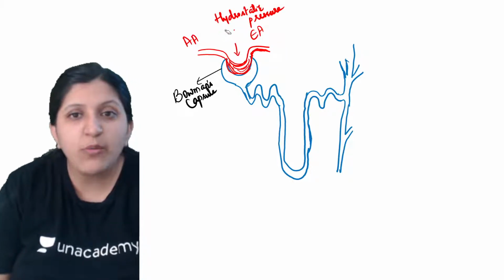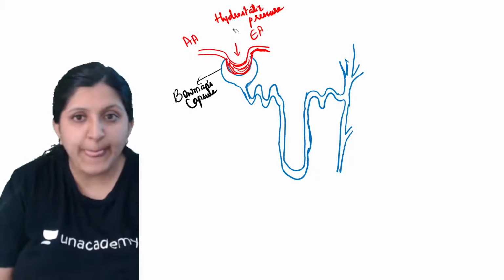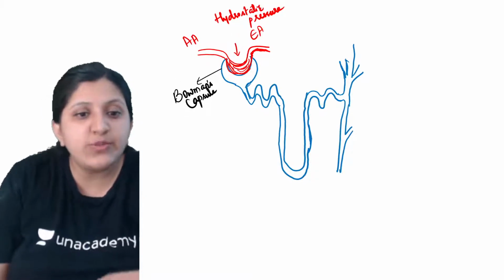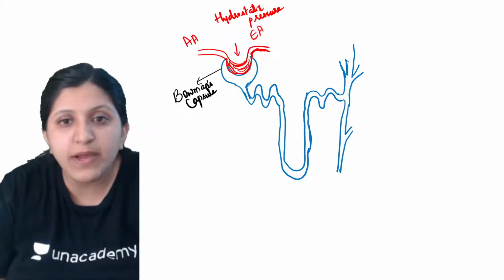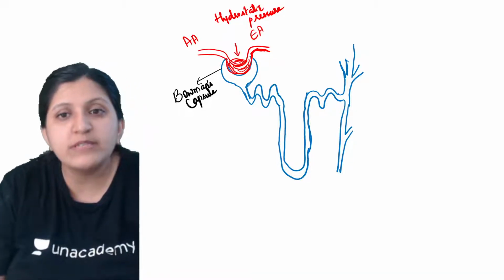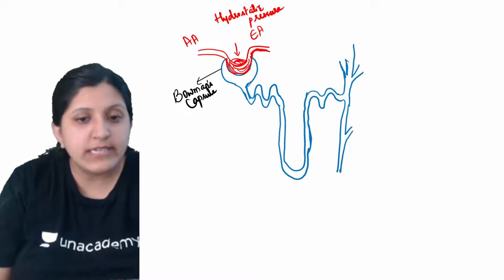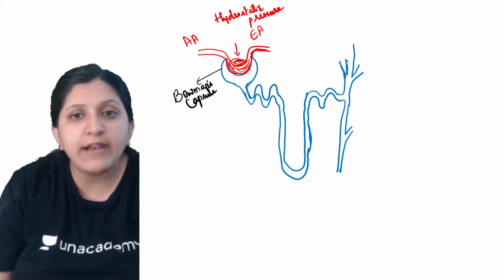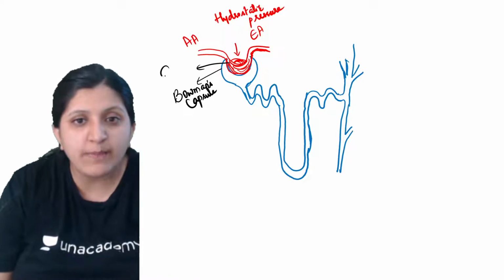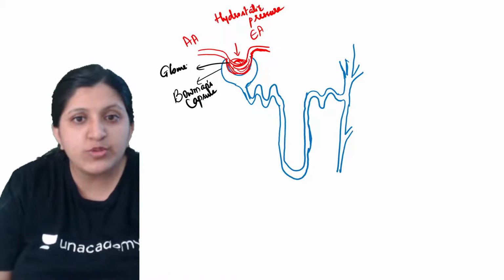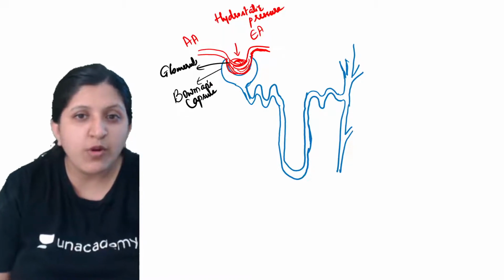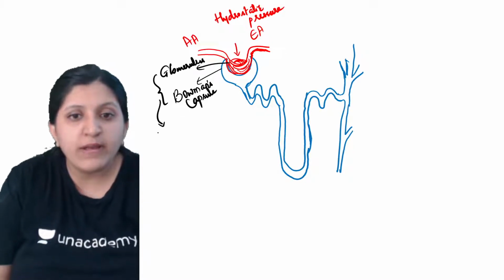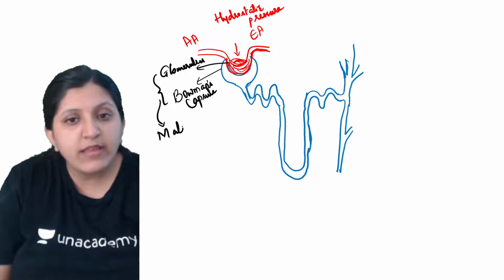Now in this case, you can see here this one is actually a glomerulus part. I'll just take this one also for labeling now. So the glomerulus along with the Bowman's capsule, these two together are forming the Malpighian capsule.